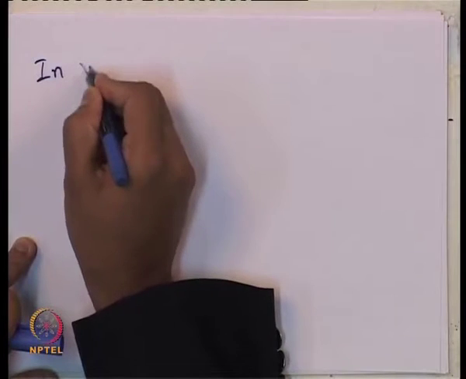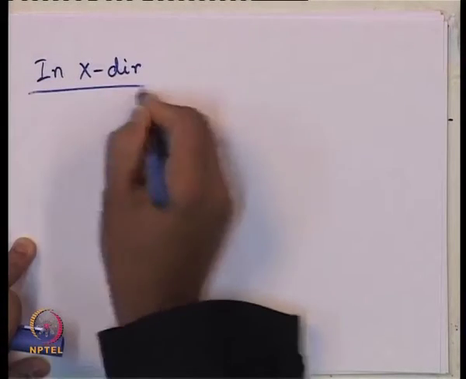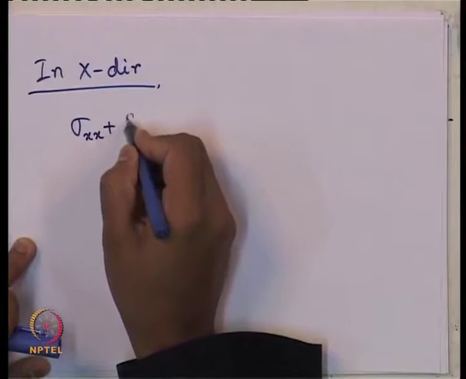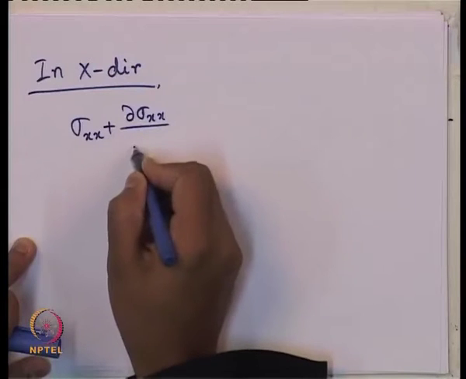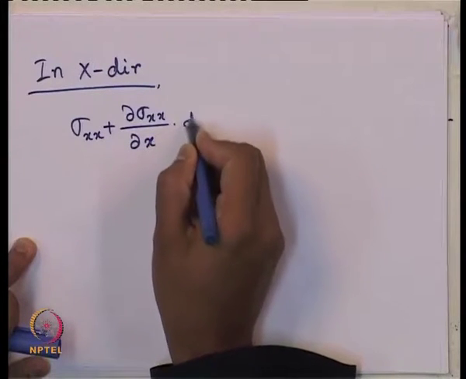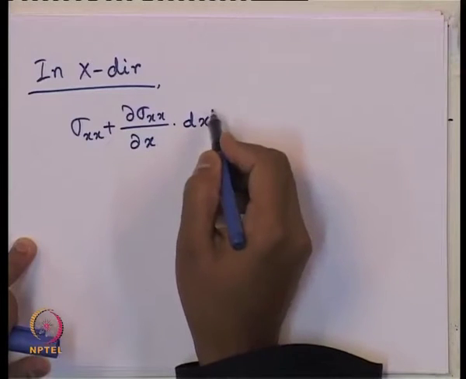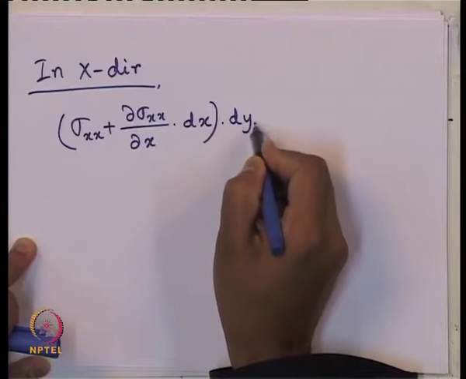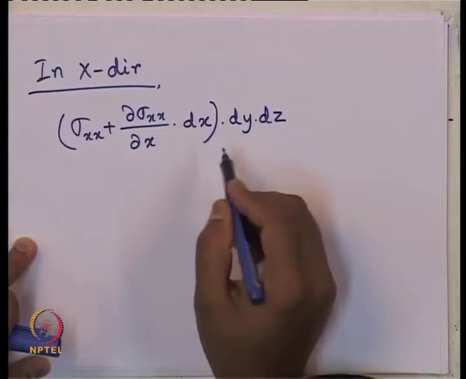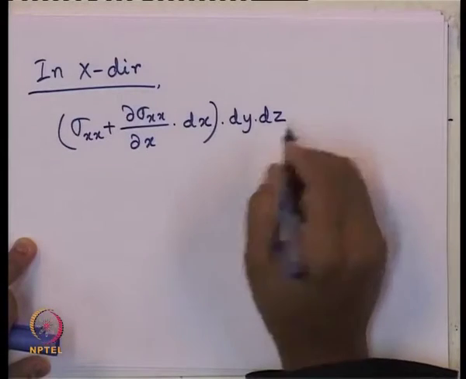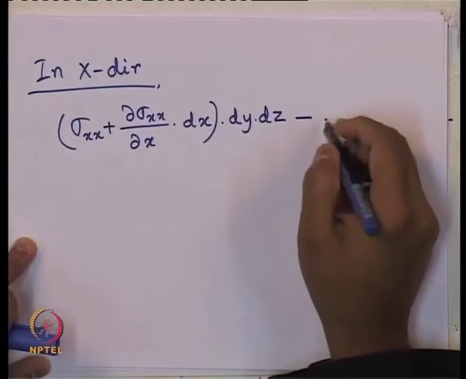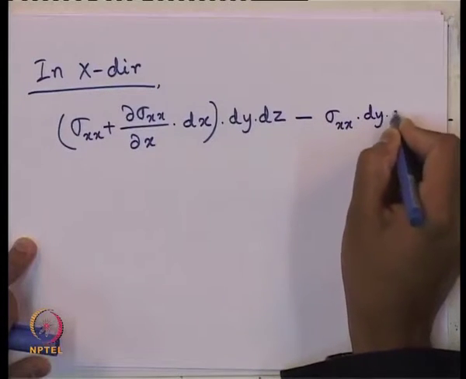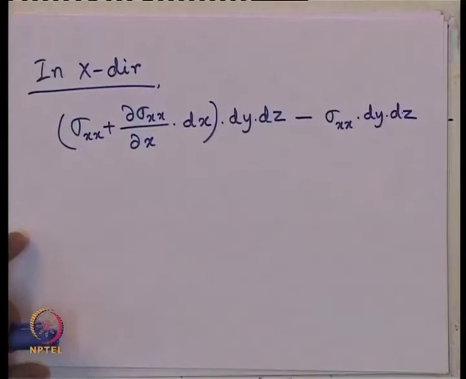We write sigma xx plus del sigma xx by del x into dx, times dy dz, as the force acting in the right hand direction, minus sigma xx times dy dz, acting in the leftward direction.